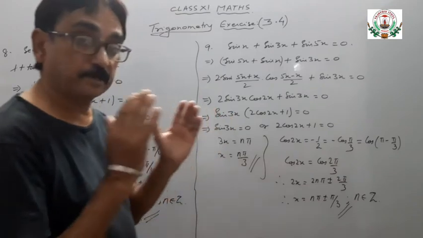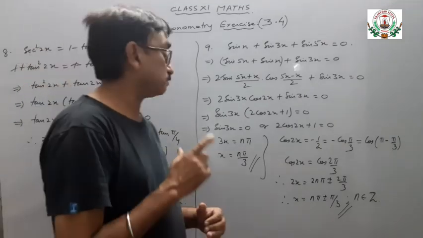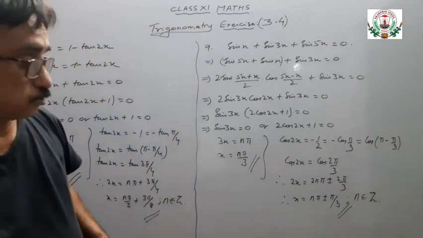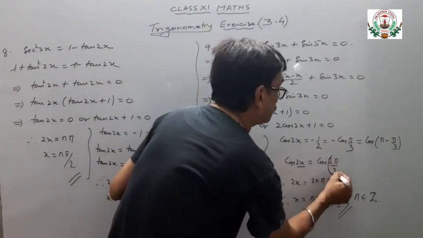Now whenever cos theta equals cos alpha, we are getting the trigonometrical equation. Its solution is given by theta equals 2n pi plus minus alpha. So here theta is 2x and alpha is 2 pi by 3.